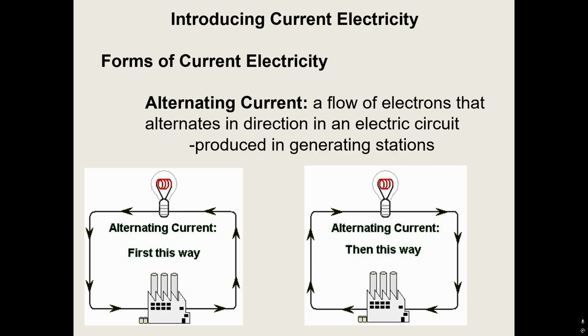Another is called AC or alternating current. So the flow of electrons, or the flow of current, alternates in direction in an electric circuit. This type of electricity is produced in generating stations. For example, the EB supply, the current is alternating current. First it will flow in this direction, after some time it changes direction.